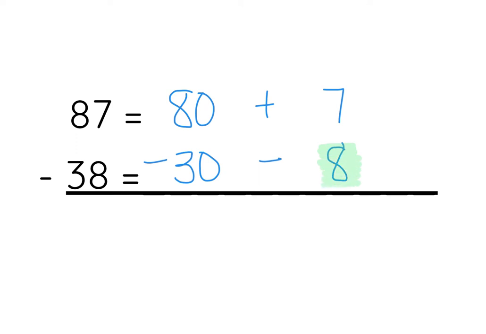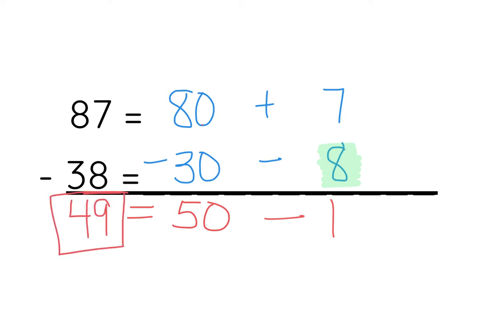If our larger digit is on the bottom, remember we're going to have a negative number because we're subtracting more than we actually have. 80 subtract 30 equals 50. 7 subtract 1 is a negative 1. And 50 minus 1 equals 49. Great job.